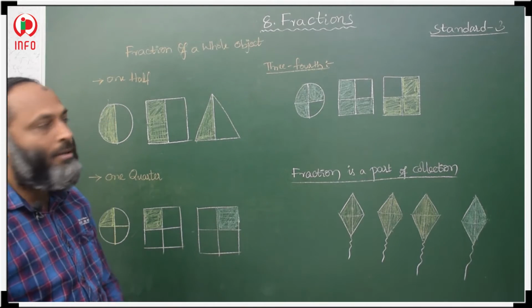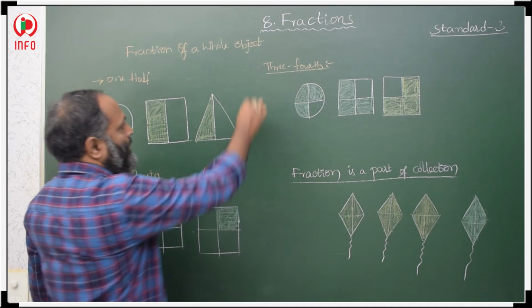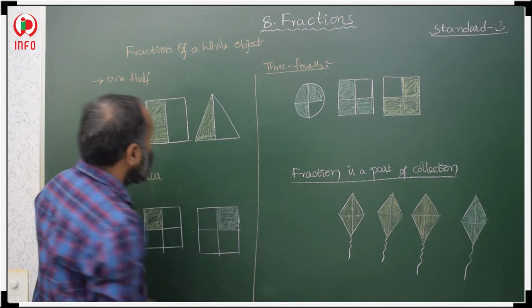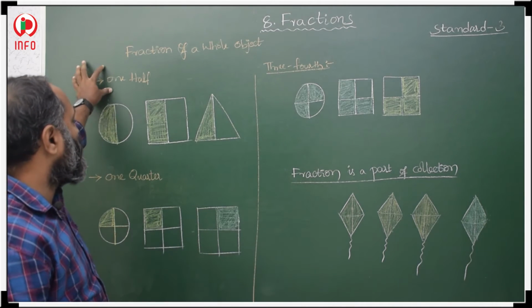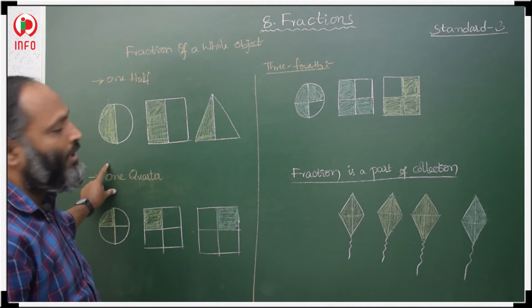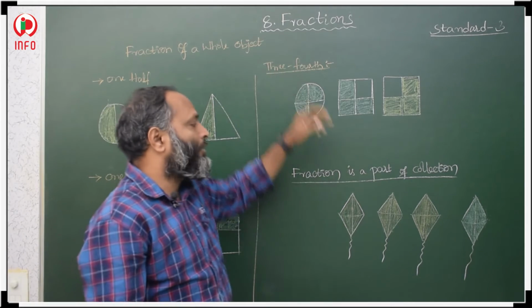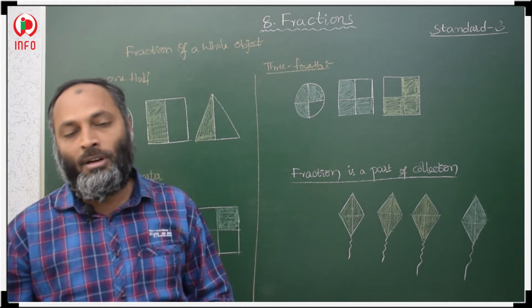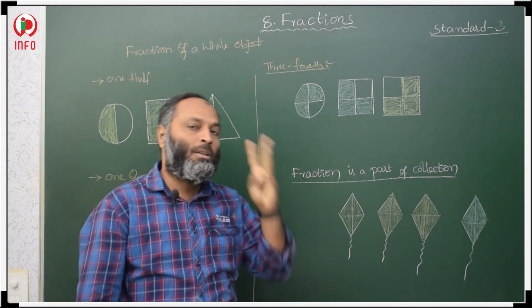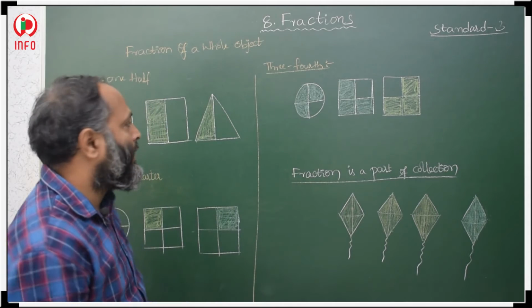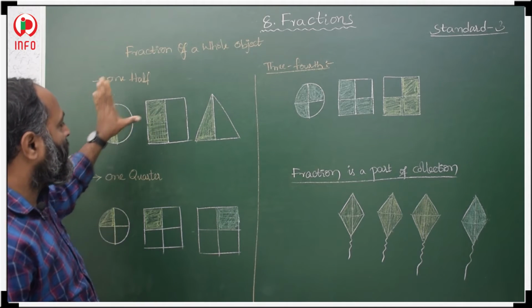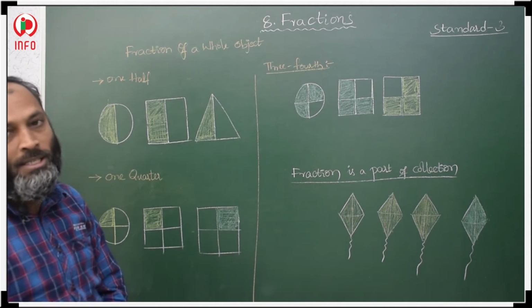Now, in fractions, the next concept we are going to learn is what is meant by 1/2, 1/4, 3/4. See here, one circle is given, one square is given and one triangle is given.